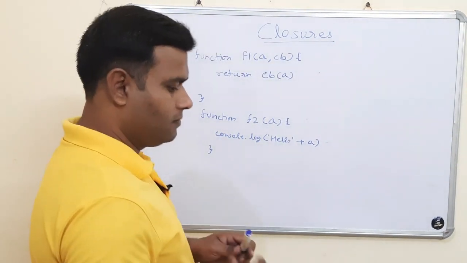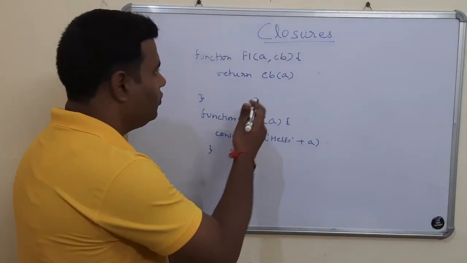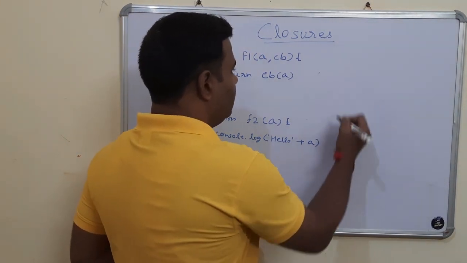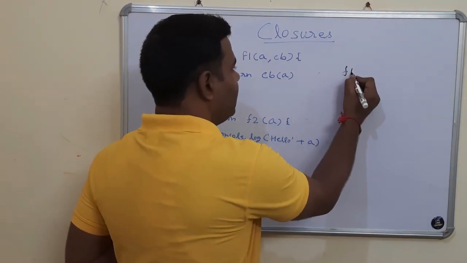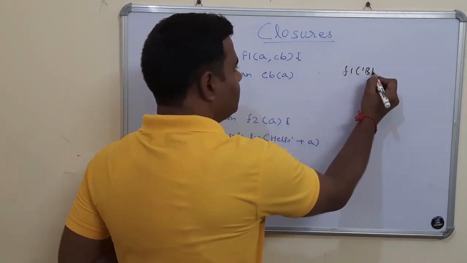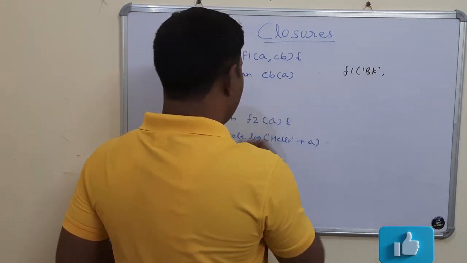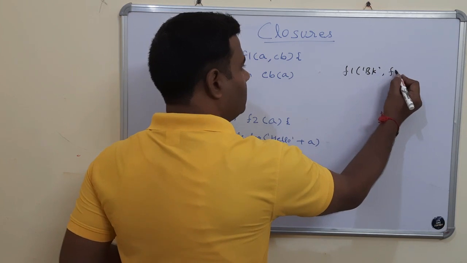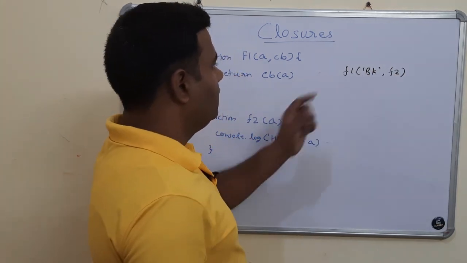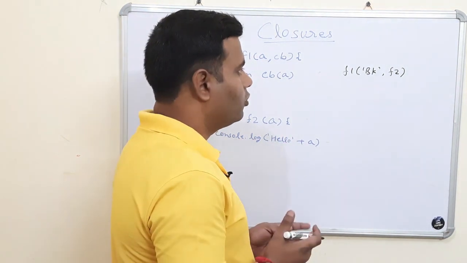Now let's see what happens if you call this callback function. In our driver function, if we write f1 with a variable, let's say bk, and as the callback function we are passing f2, now according to you, what should be the output of this function?